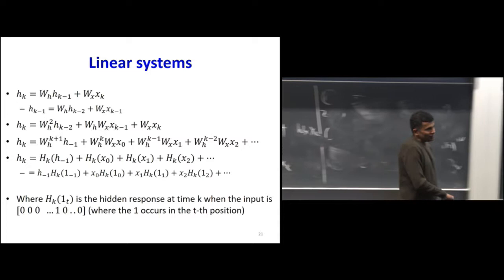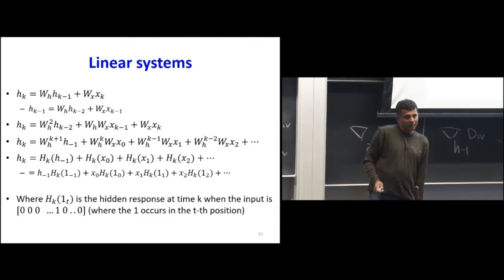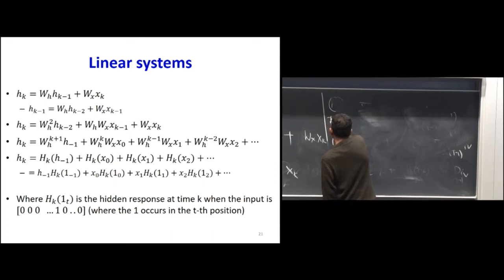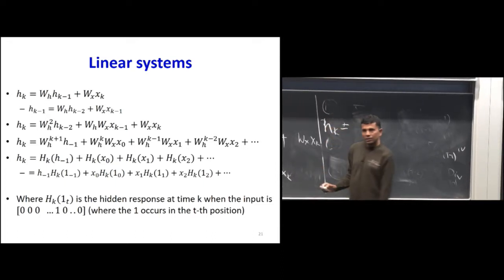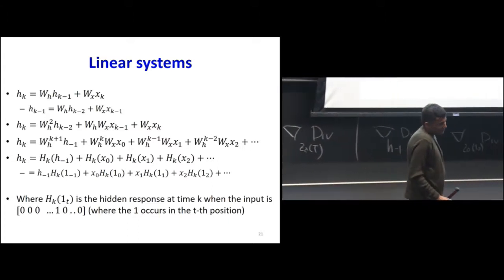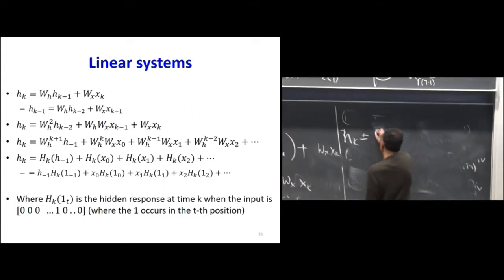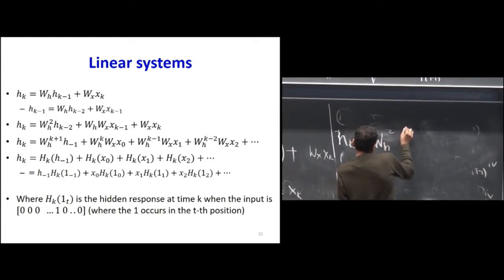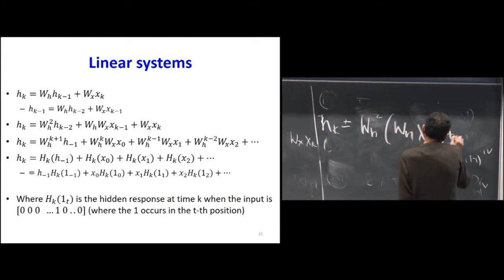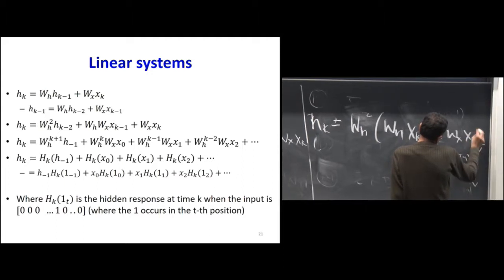So someone want to expand that for me? Anyone? I want to write that in terms of hk minus 3. So I want hk equals what? WH squared, we just substitute. That's WH squared times WH hk minus 3 plus WX xk minus 2, right?